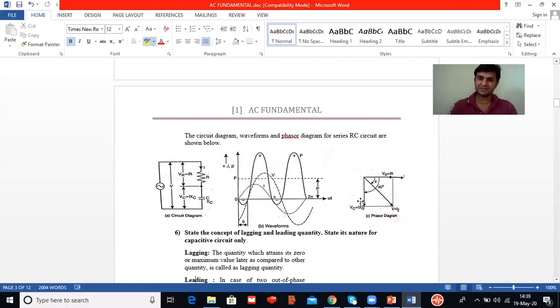In case of capacitance, the current leads the applied voltage by 90 degrees, so here the current is leading the voltage VC by 90 degrees. And the combination, the total voltage, is VR plus VC. This is the phasor addition.